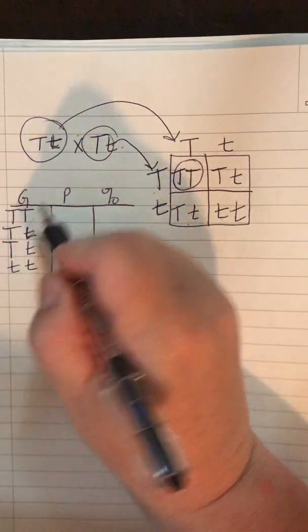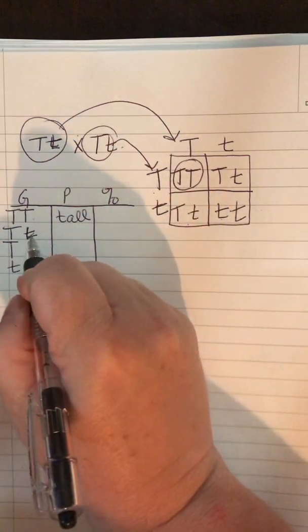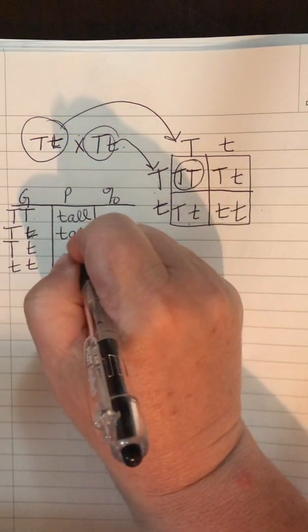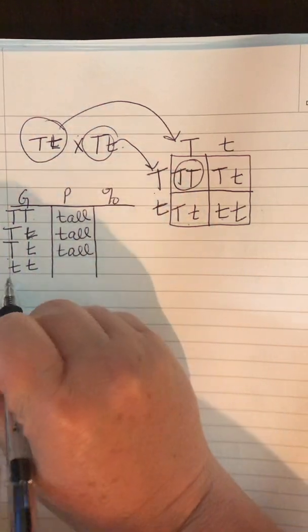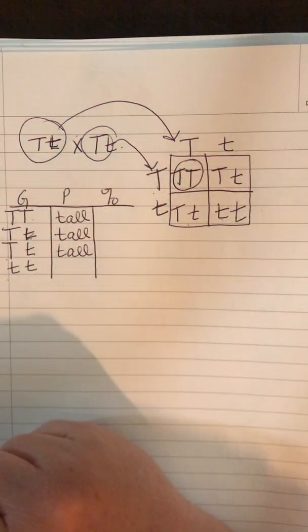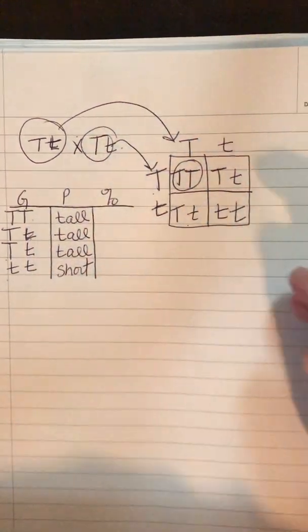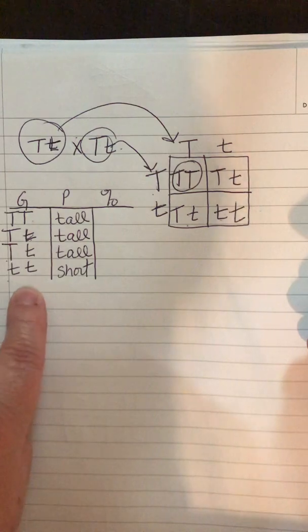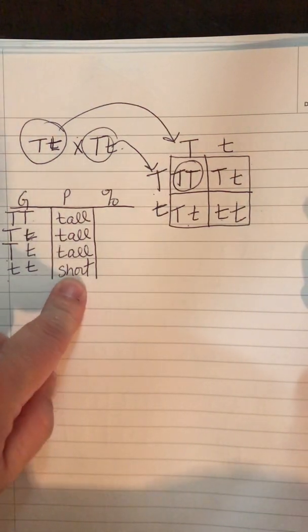Big T is a tall pea plant. Big T, little t, also a tall pea plant. Big T, little t, tall. Little t, little t, it was short. Doesn't have the tall gene, so it's going to be a short pea plant.